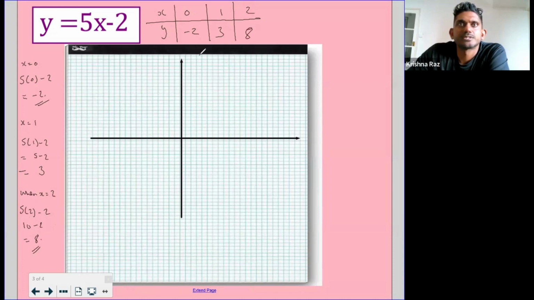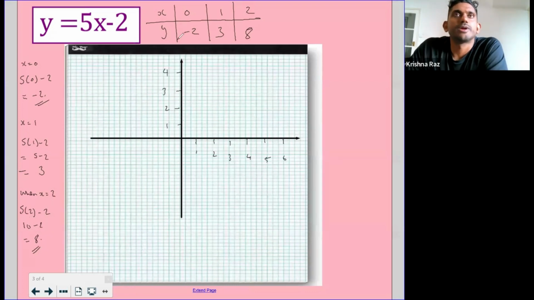Let me put a scale on the axis. 1, 2, 3, 4, 5, 6. 1, 2, 3, 4. So we have a coordinate 0, -2. No, so I need some negatives. -1, -2, -3, -4.